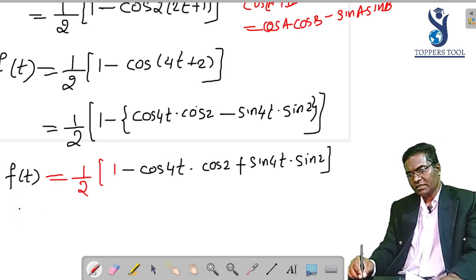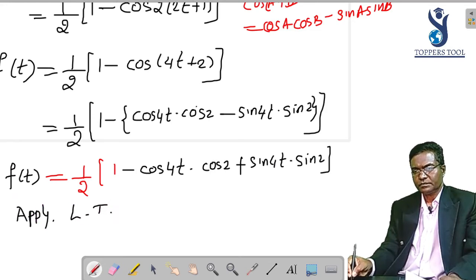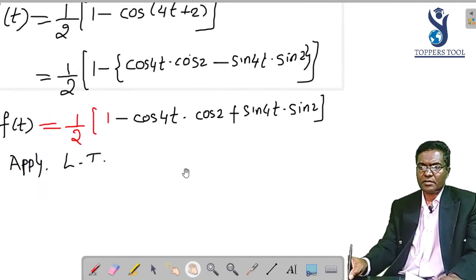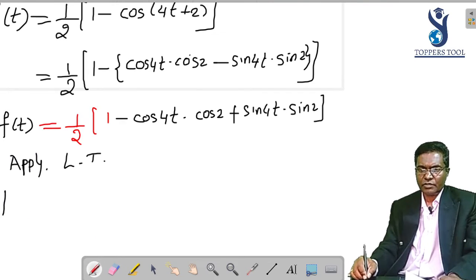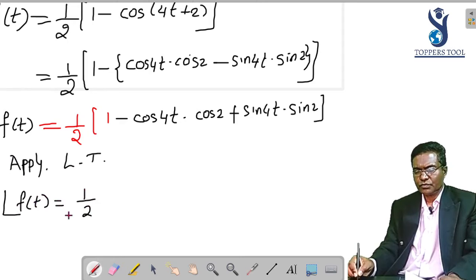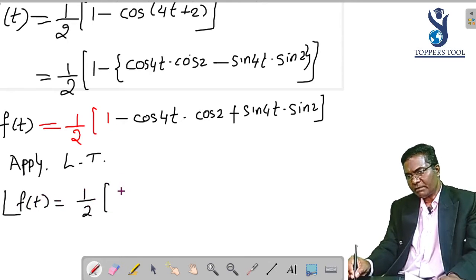Now apply Laplace transform on both sides. What will we get? L of f of t is equal to 1 by 2, as it is constant, Laplace of 1 is 1 by s.